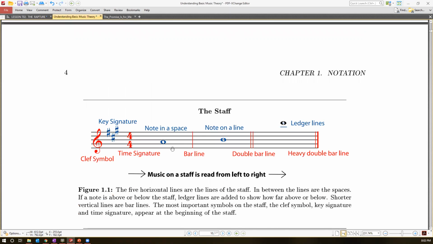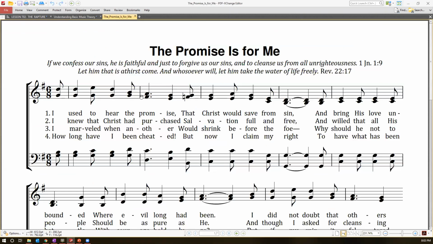So we normally separate a staff with bar lines, which represent a specific number of notes based on the time signature. We will talk about time signatures later. You see that line there, that line there, and that line there; that's a bar line.